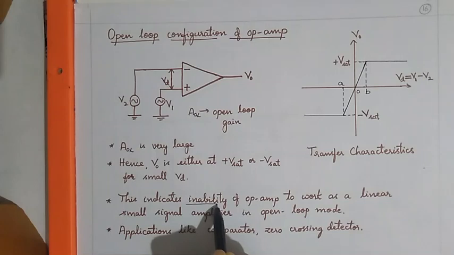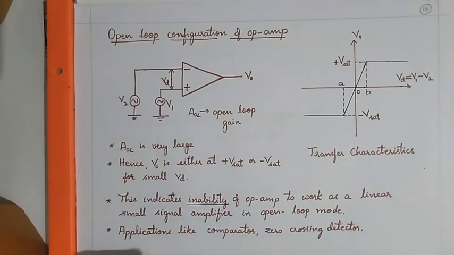That is, it is not suitable for linear operations. Hence the open loop configuration is not generally used. Such an open loop configuration of the op-amp finds applications like the voltage comparator and zero crossing detector.